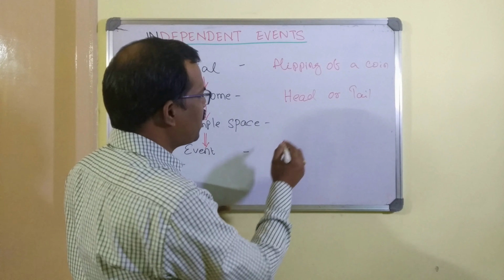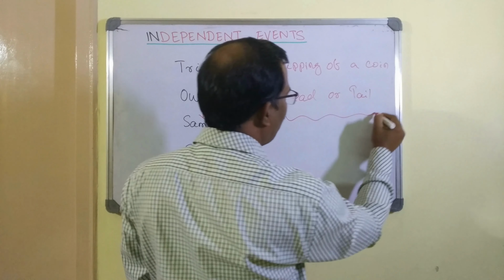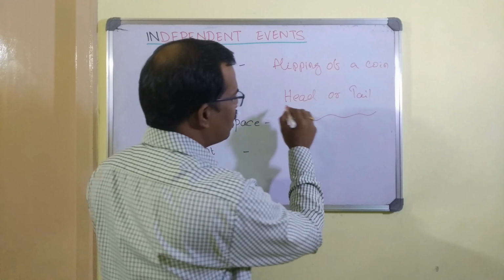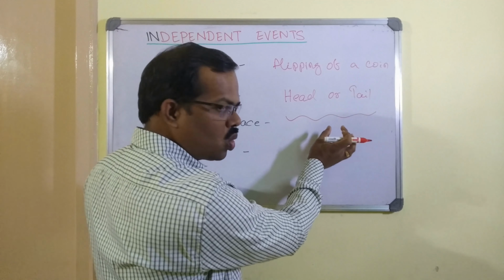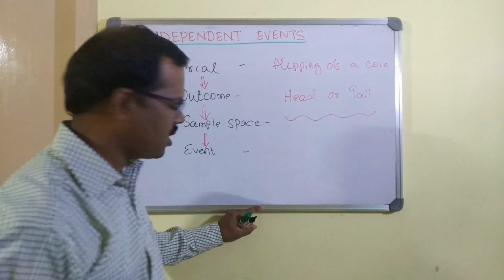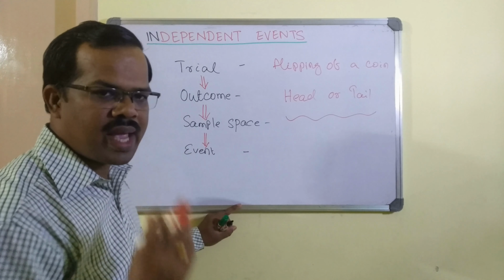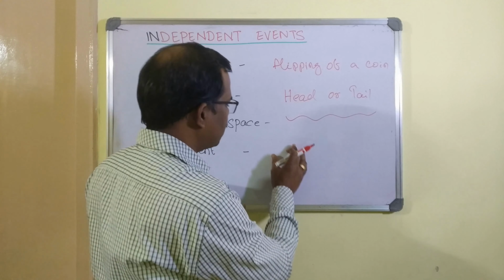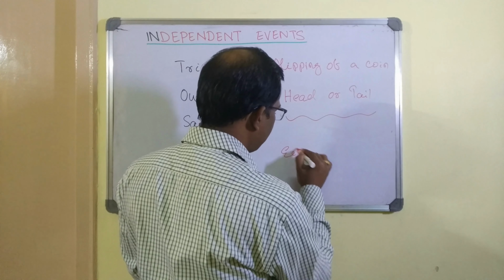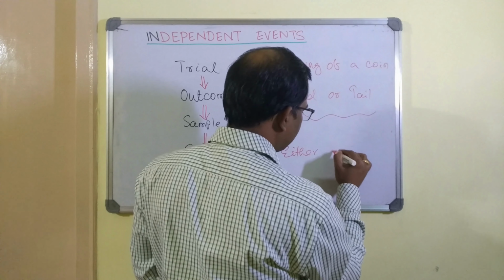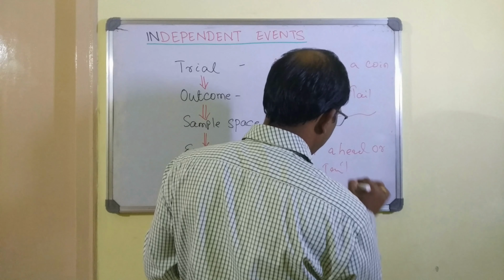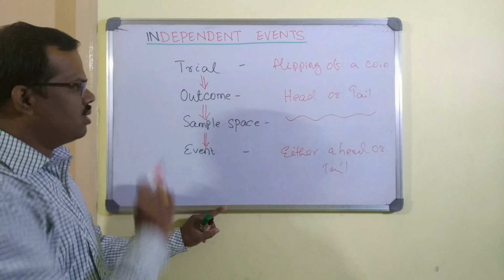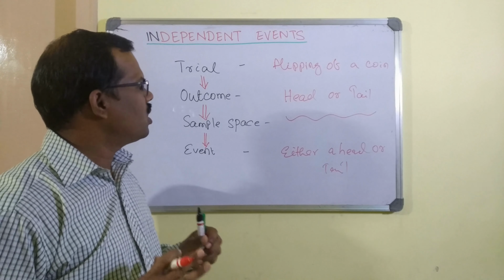The sample space is the set of all the outcomes. So here the set of two outcomes is our sample space. The event is any subset of this sample space, either a head or a tail. So this is what we have learned so far.